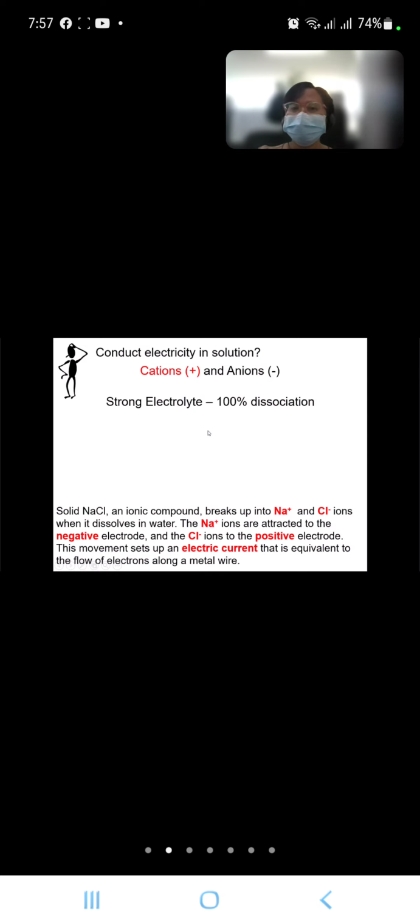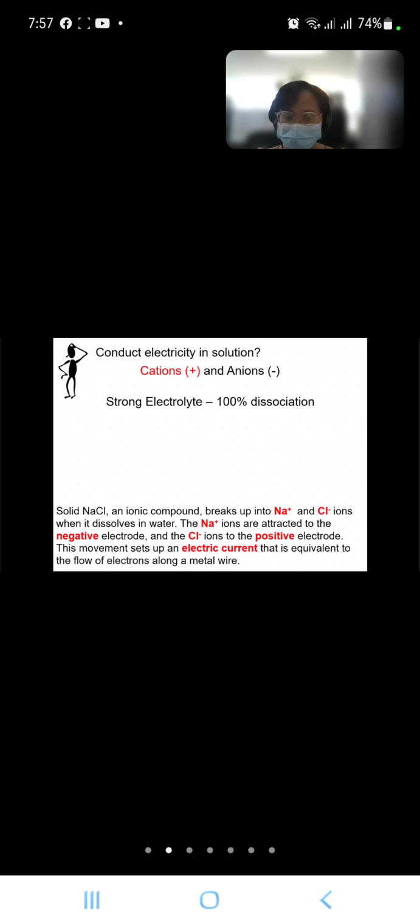Okay. So for a strong electrolyte, the dissociation of the substance is 100%. So what does it mean? Like sodium chloride, when we dissolve it in water, there is complete dissociation.